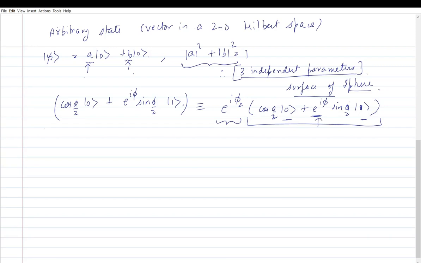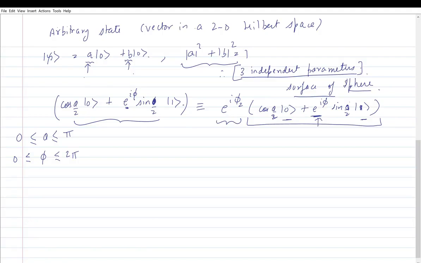So by convention, I pick theta to have a range between 0 and pi, and the phi, the phase, is ranging from 0 to 2 pi. So I have two parameters now, theta and phi.